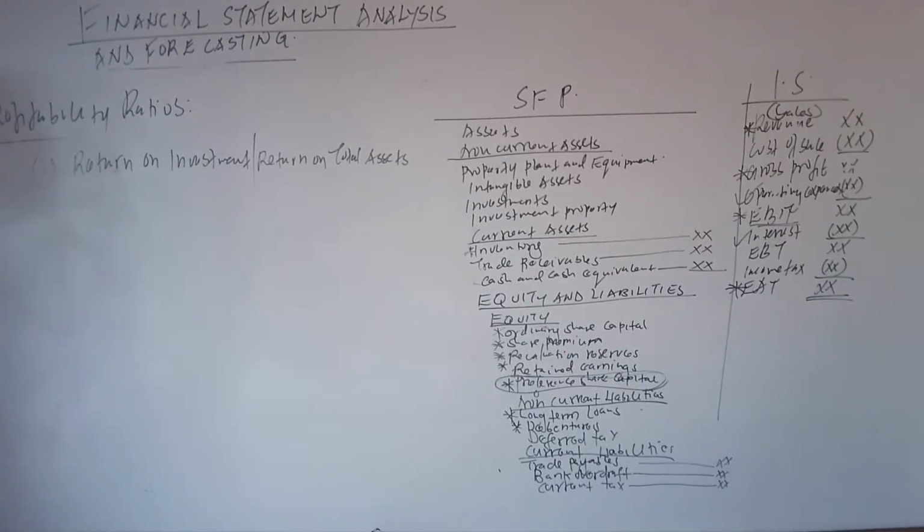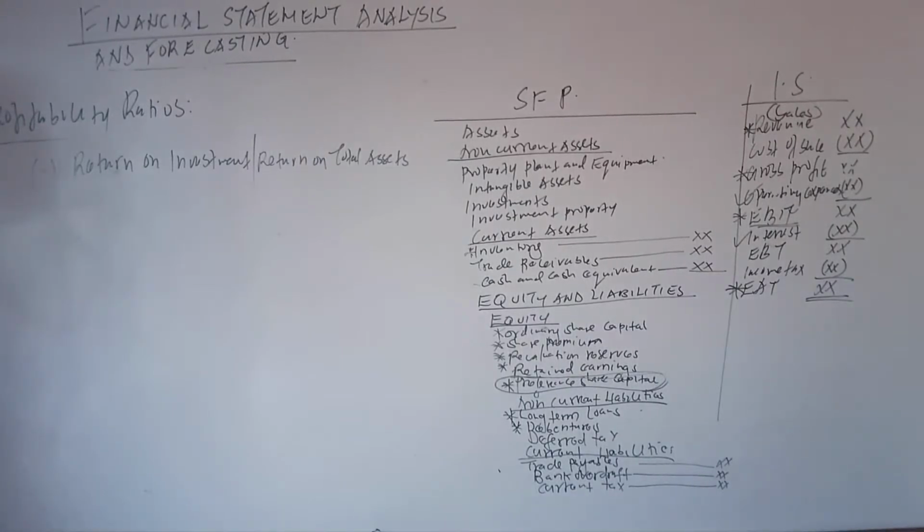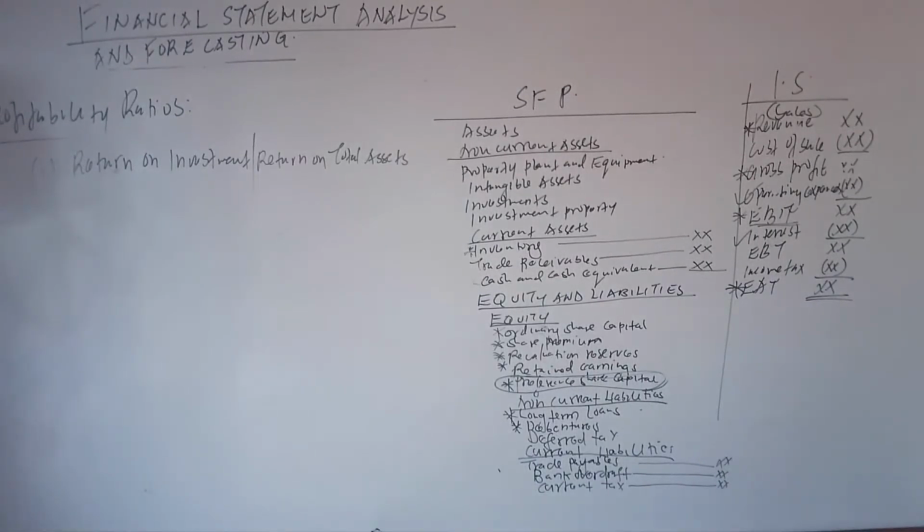Let me come again. This indicates the percentage return from the utilization of the total assets.